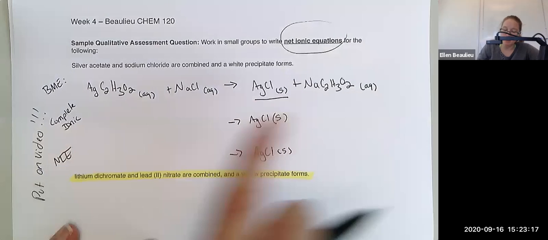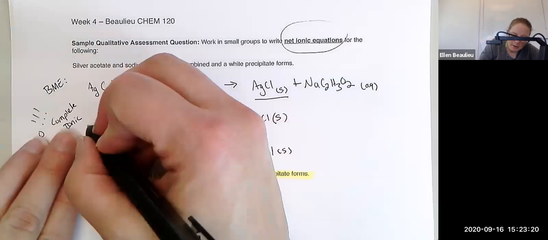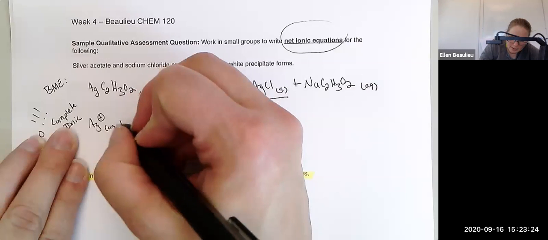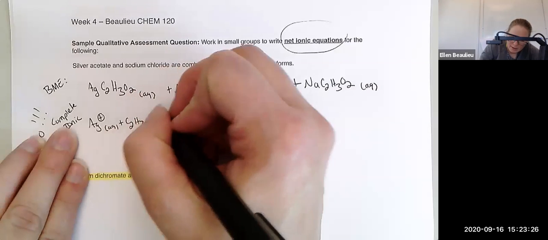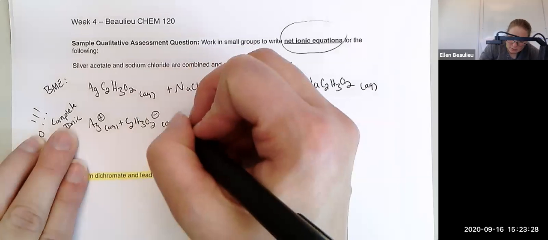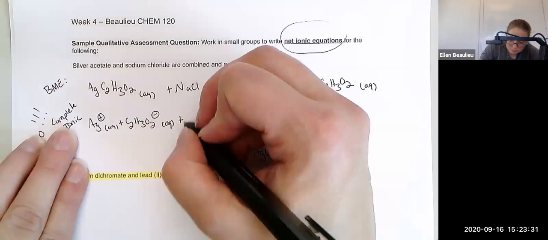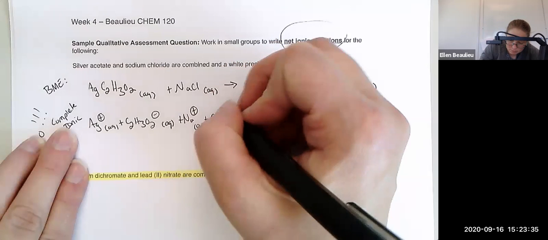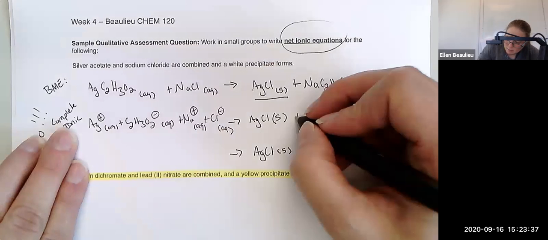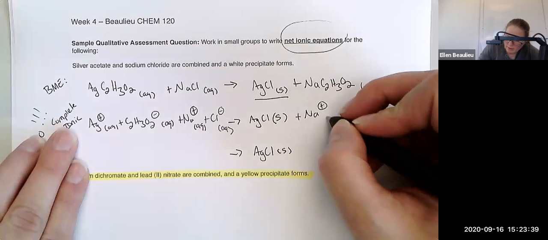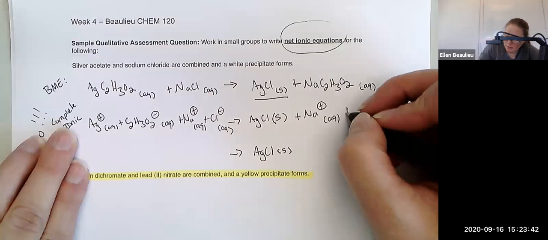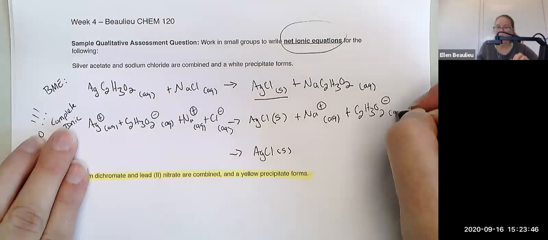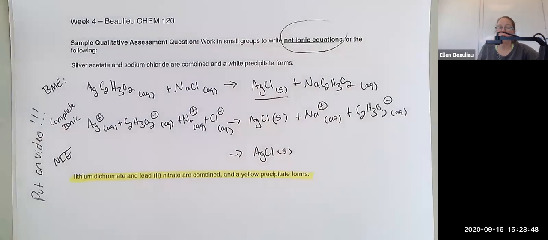So when I write the complete ionic, I would write all of these ions with their states of matter and their charges, whether they are a reactant or a product. Got all the species with their charges.